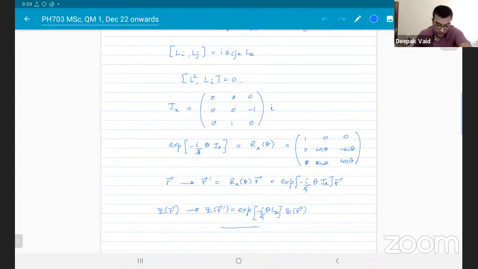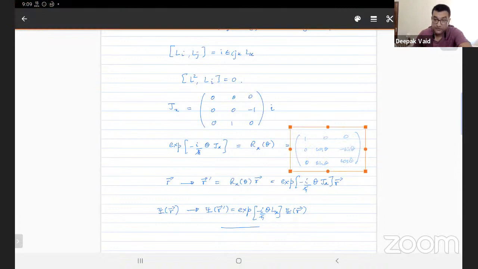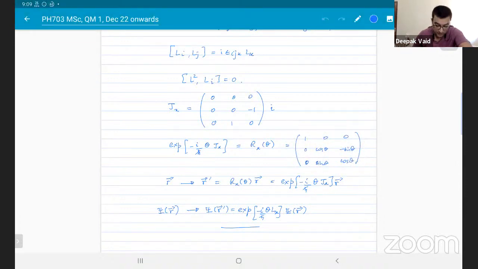So one of these has the effect of transforming the vector, and the other one transforms the function. Now, both of them correspond to the same physical transformation, which is a rotation. But the vector has to transform in one way and the function has to transform in a different way.